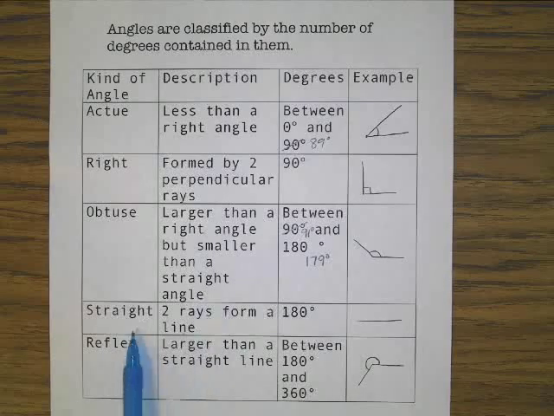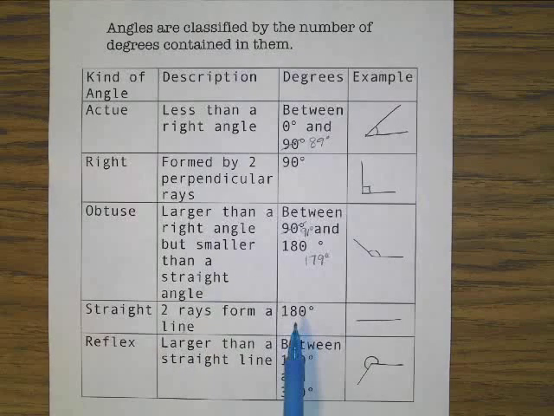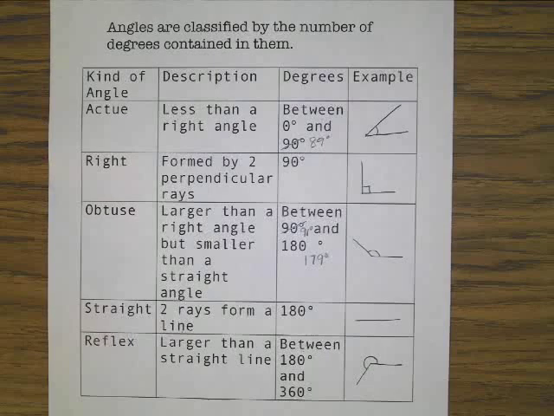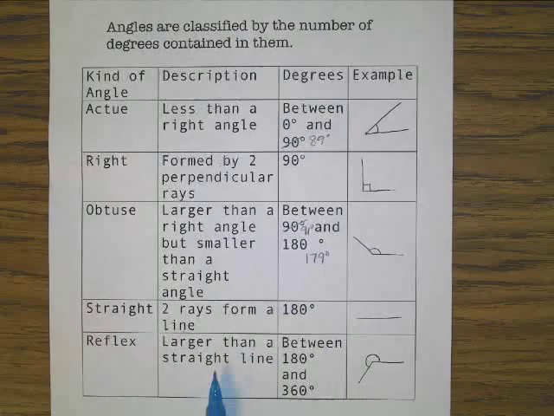As Caitlin told us, if it measures 180 degrees, it is a straight line, which also means that it goes directly out forever and ever both ways. Now a reflex angle is larger than a straight line.